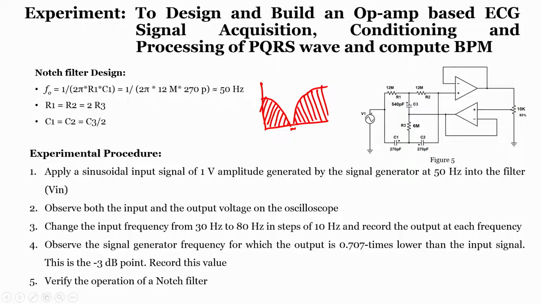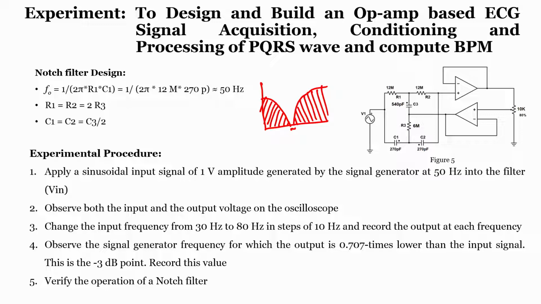That is the reason it is called a notch. That particular band is not allowed, and all other frequencies are allowed. Not allowed in the sense that it is attenuated. We cannot say completely removed, we can say attenuated.